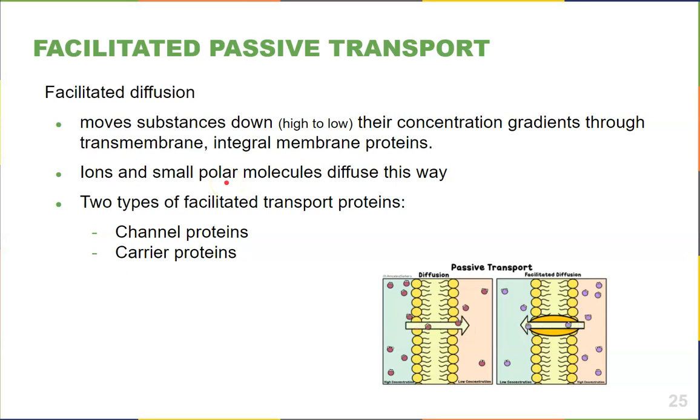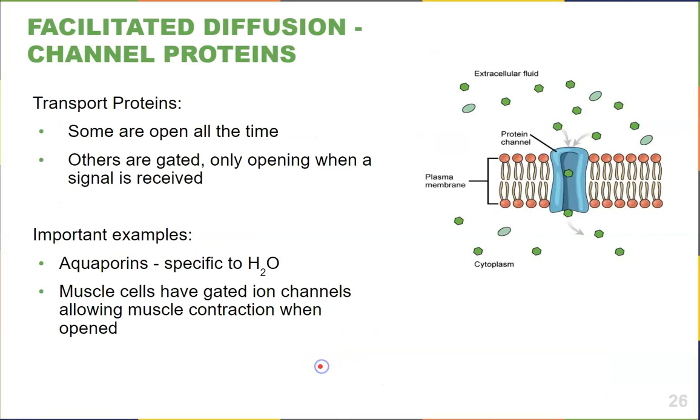They're just blocked. There are two types of transport proteins, channel proteins and carrier proteins. Notice that the diffusion is still going to occur from high concentration to low concentration. The only difference is that there's a protein involved. So no energy involved yet.